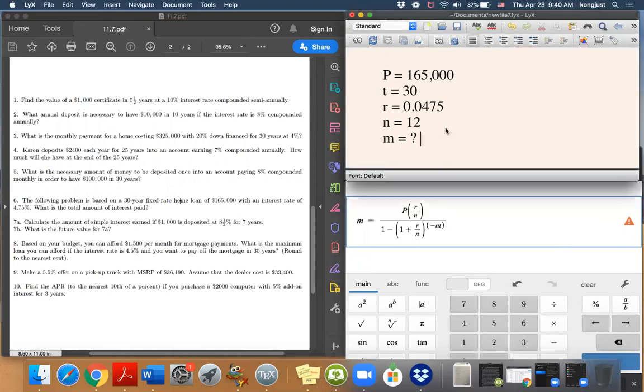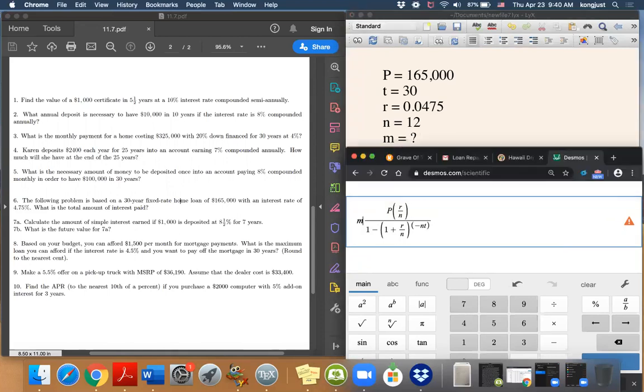This is the thing I'm trying to figure out. 165,000, 0.0475 divided by 12. And same here. And it's negative 12 times T, which is 30.